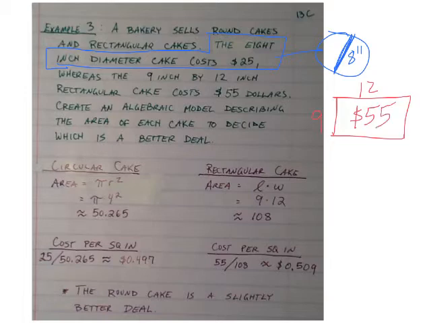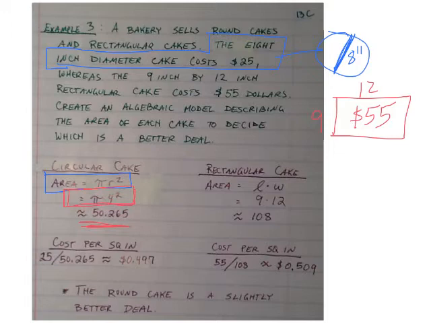It asks us to create an algebraic model describing the area of each cake to decide which is a better deal. The area of a circle is pi r squared. For our circular cake, our radius is 4, so pi times 4 squared, which spits out an answer of approximately 50.2.